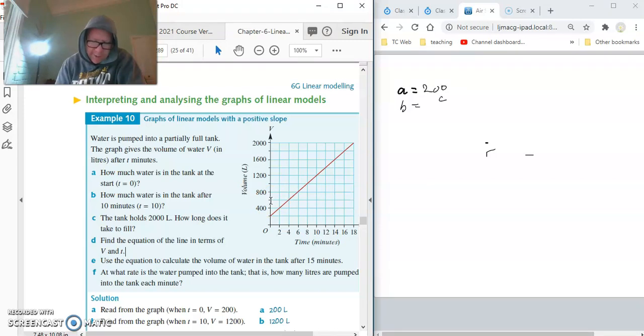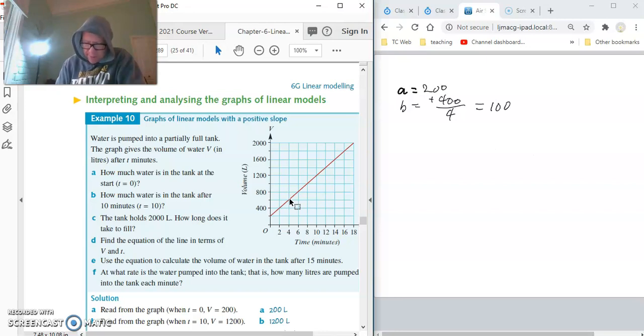So rise is 400. We could, if you're not very good at this and you always go back, just pick another point and then do it with the formula. The run, if I go up from 200 to 600, I'm going across from 0 to 4 minutes. Okay, 400 over 4 equals 100.